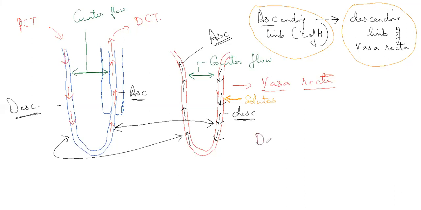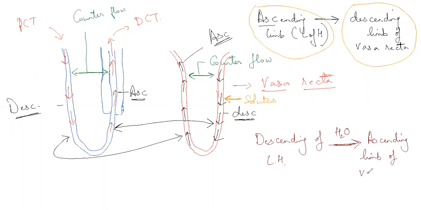The descending limb of loop of Henle hence passes on water to the ascending limb of the vasa recta.